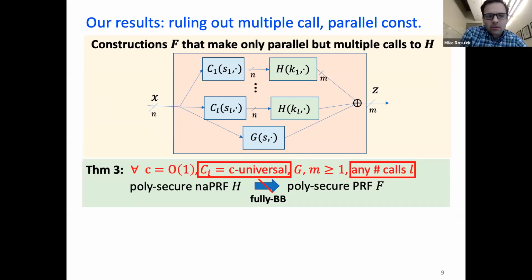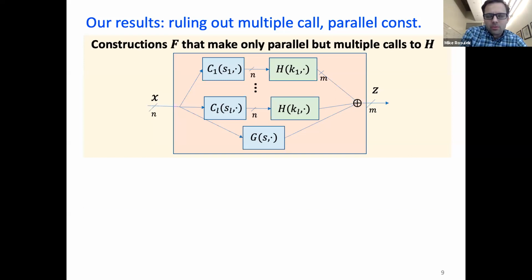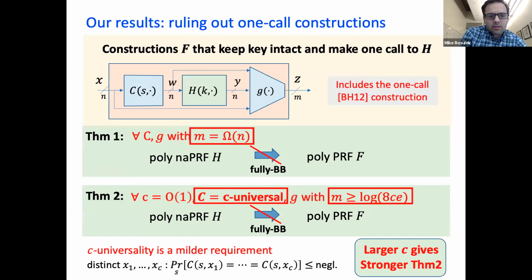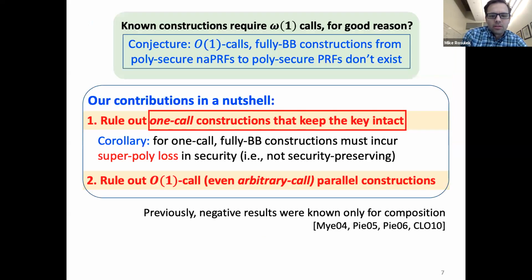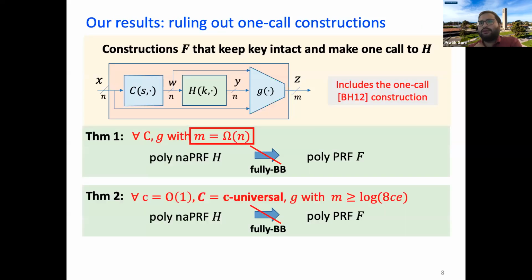And then, sorry, I had another question about one of your theorem statements. You said you rule out constant number of calls, even arbitrary calls. Can you clarify what that means? Yeah, sure. Arbitrary call parallel constructions.